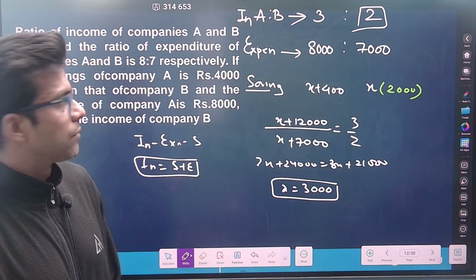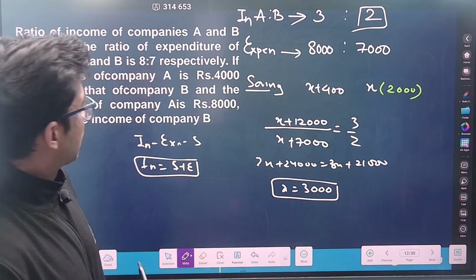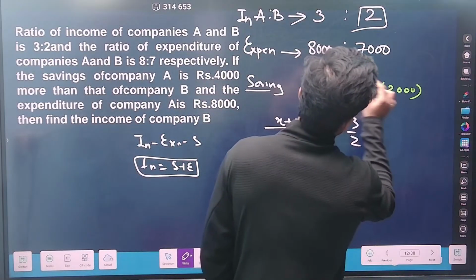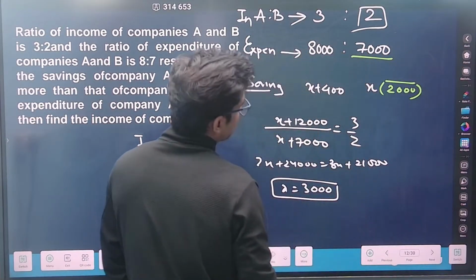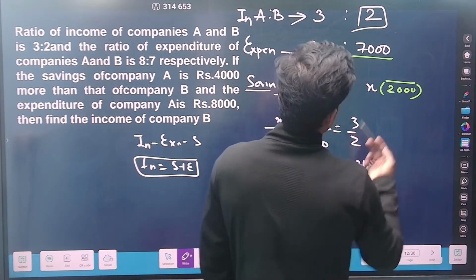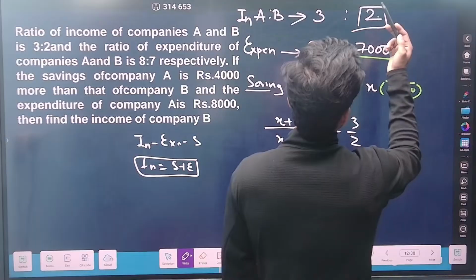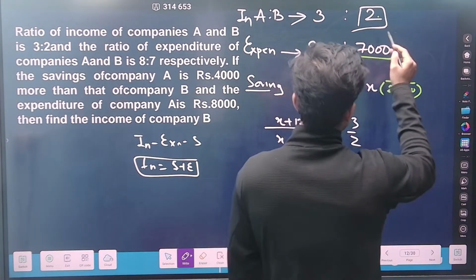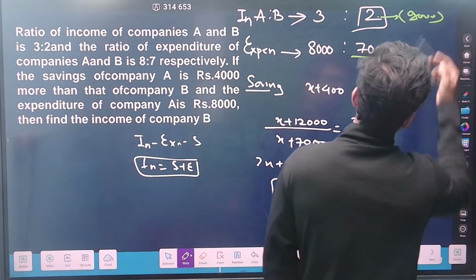The X value is 3,000. So they are asking to find the income of company B: 7,000 plus 2,000, 9,000. Correct. But again, 9,000 is in terms of 2, so 2 value is 9,000. So you can figure out the value of 1.